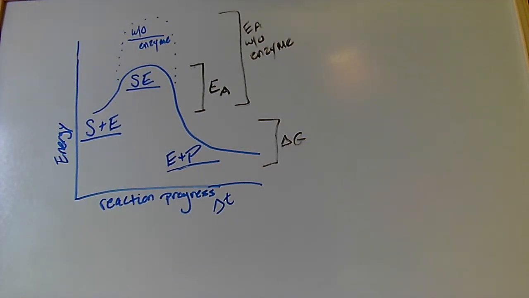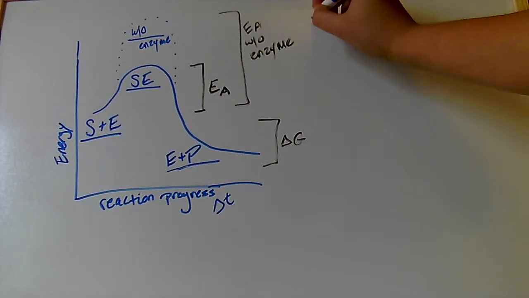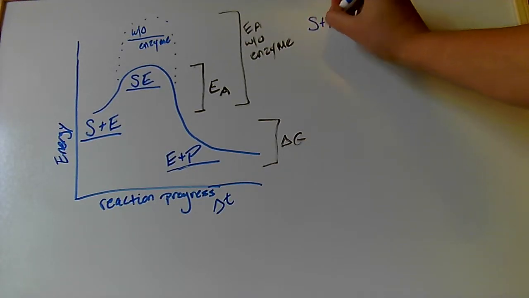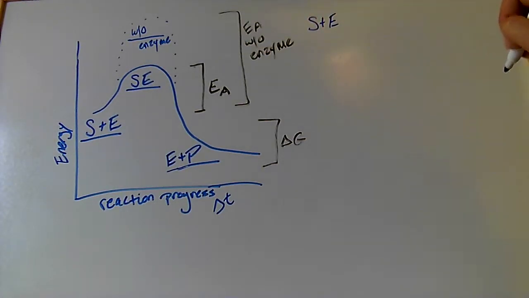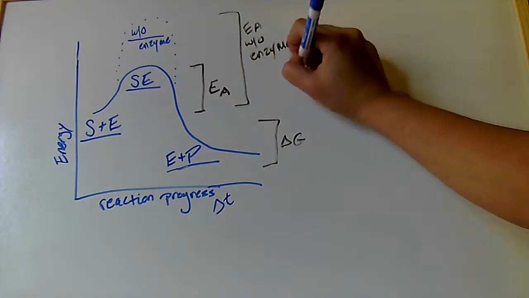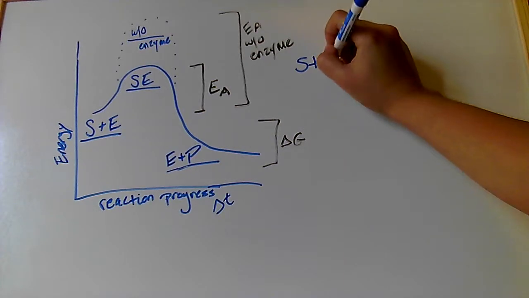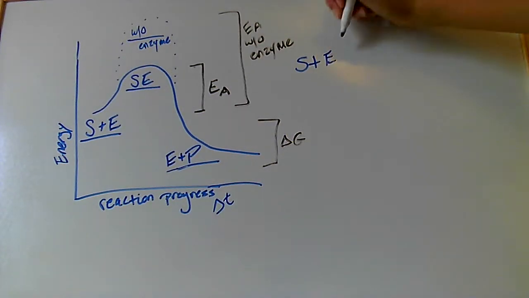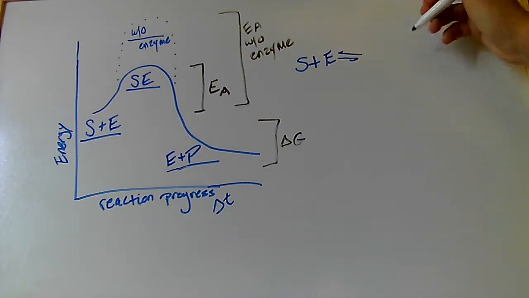If I were to write out this reaction in a classical chemistry sense, you would have the substrate and the enzyme that are separate entities. So you have substrate plus enzyme, and then this can go either forwards or backwards, right? That's that arrow notation that I was talking about earlier.